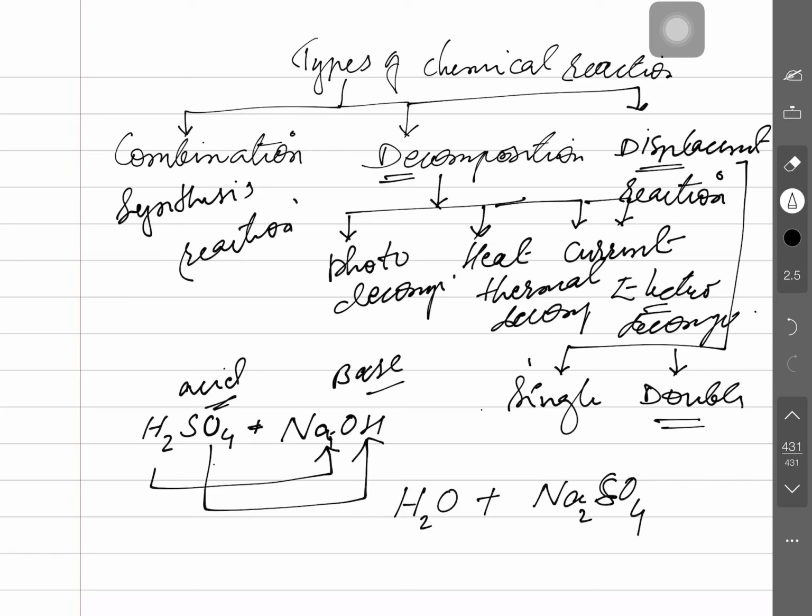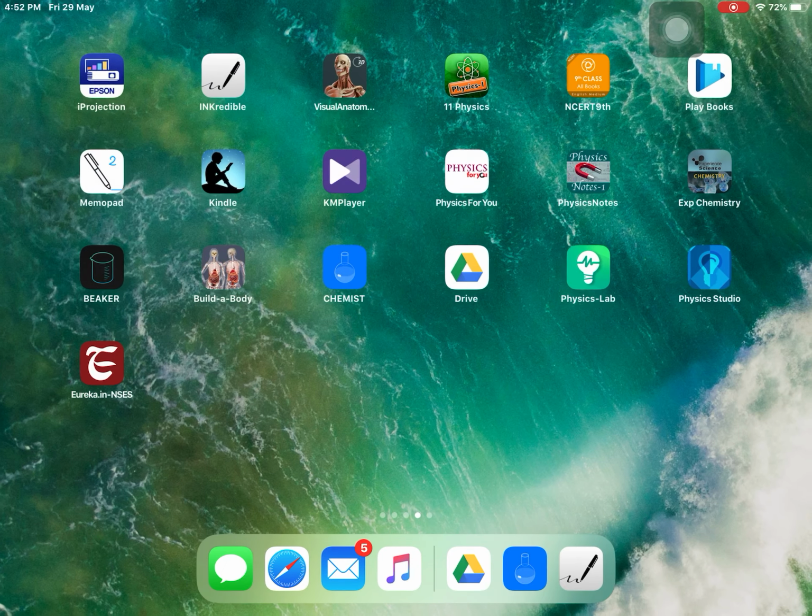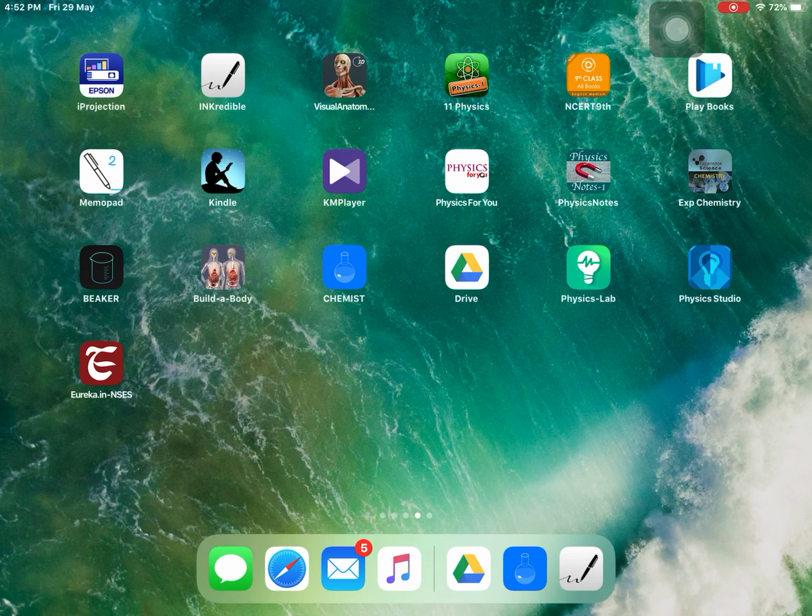SO4 is 2 negative and Na is single positive. So obviously 2 sodium will combine with this to form that. Clear? This is called a double displacement reaction. As the reaction takes place between the acid and base, they neutralize the property of each other. The medium will be neither acidic nor basic, so we can say neutralization is there.